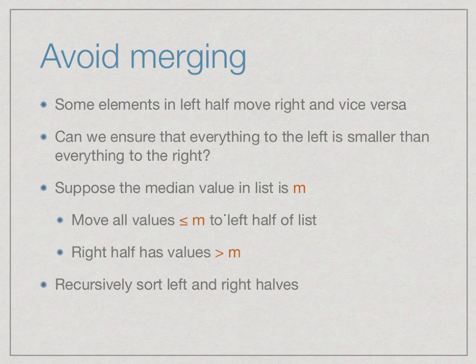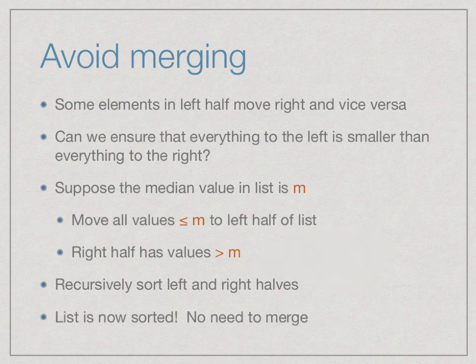Suppose the median value is m. Now if we take all the values less than or equal to m and move them to the left, and then we have half the values greater than m on the right and sort them, then because m is the median value, the right hand side lies strictly on the larger side than the left hand side, so we can just use plus plus to combine these two from left and right. Okay? So I don't have to do any merging.